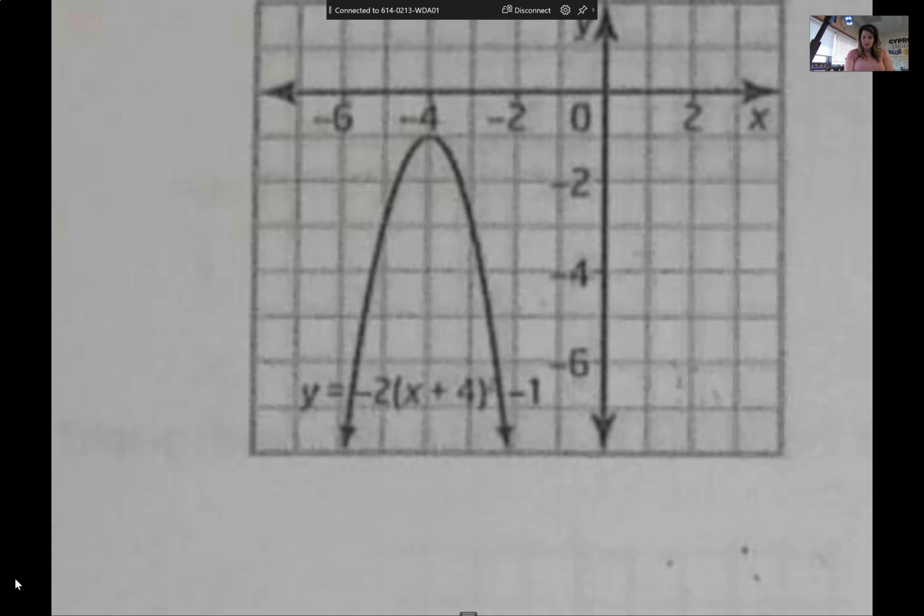Remember, go from the bottom to the top. Roughly 10.